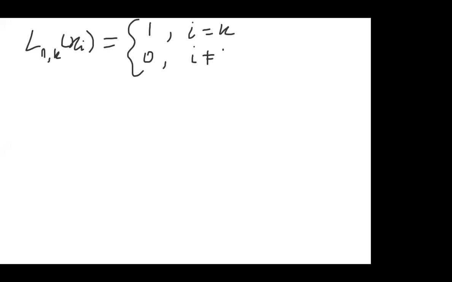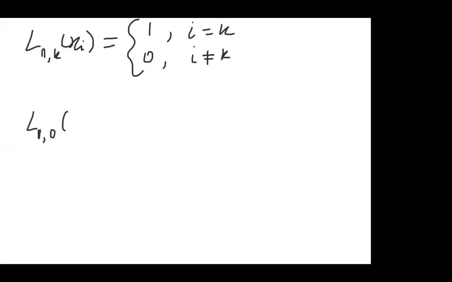We are saying L_nk(x_i) is equal to 1 if i is equal to k, and is equal to 0 if i is not equal to k. In our case, we are looking at the linear interpolating polynomial, so I can even write L0 as L10. The first index there is just the degree of the polynomial.